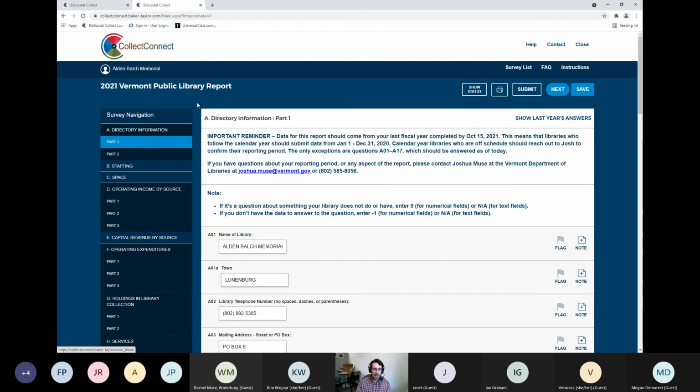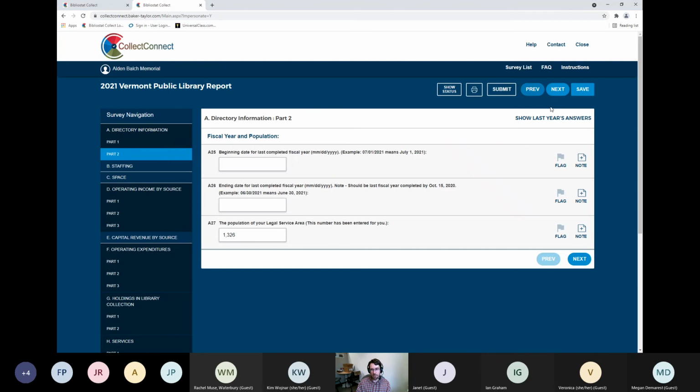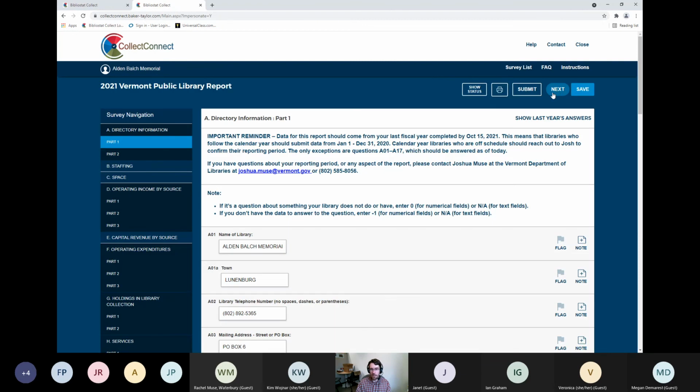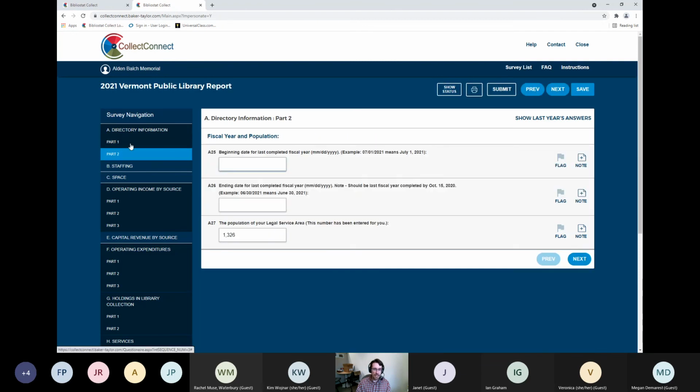To move around, you can do one of two things. You can hit the next and previous buttons, or you could use this navigation over on the left to jump around. What you don't want to use is the forward and backward buttons in your browser, because the system is set to automatically save your page whenever you hit save or whenever you hit previous or next.